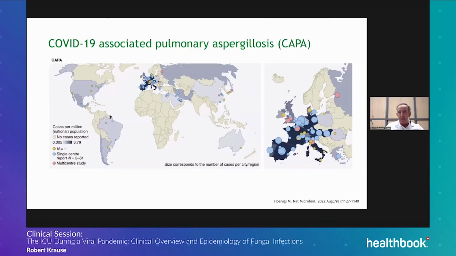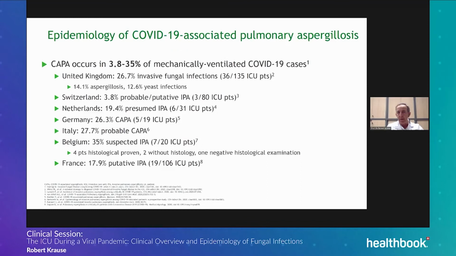So COVID-19 associated pulmonary aspergillosis was mainly detected during the pandemic in Europe, where most of the studies were done. And we learned in the past that the incidence of COVID-19 associated pulmonary aspergillosis was very broad, starting with 3.8% up to 35% of mechanically ventilated COVID-19 cases.